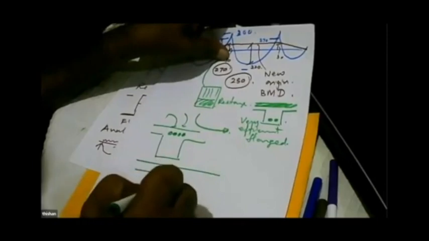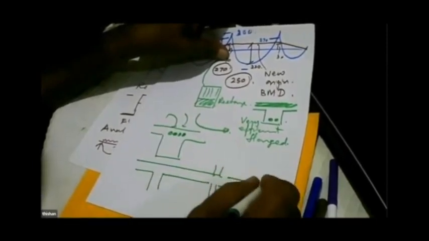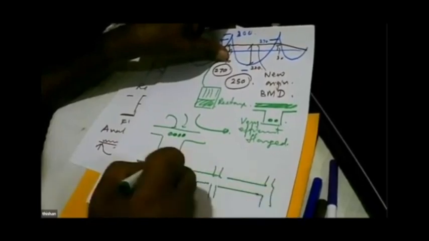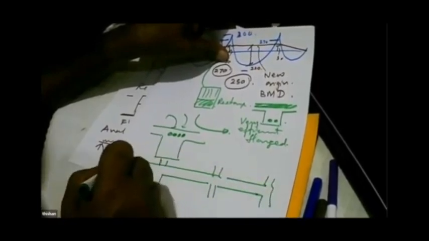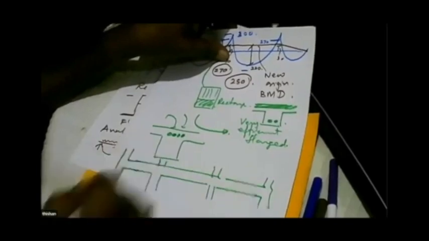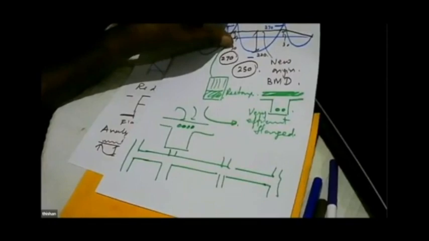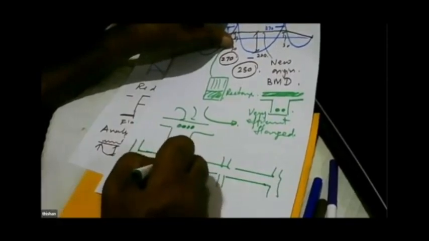And the most important thing you have to understand is we have a column, column, column, a lot of columns. Can a beam fail here?